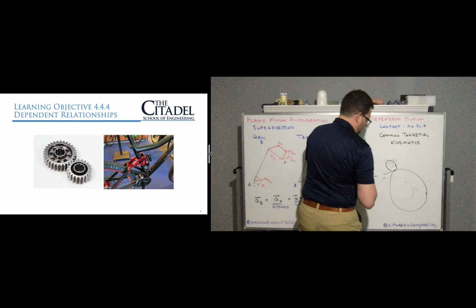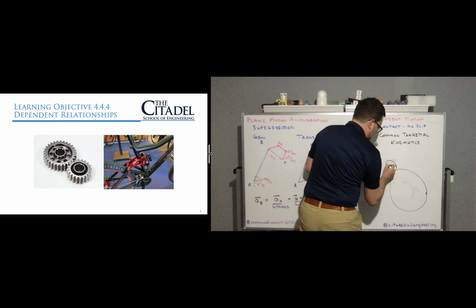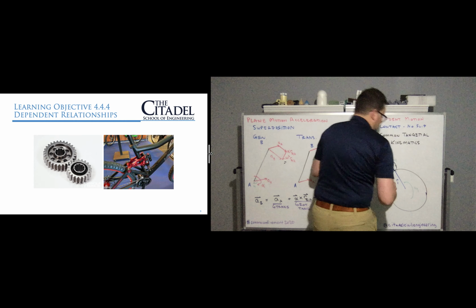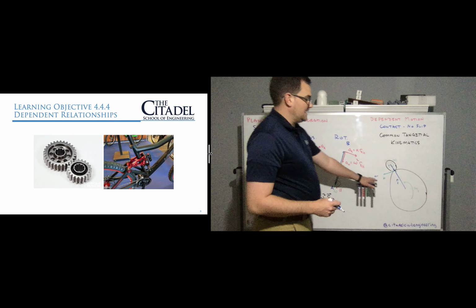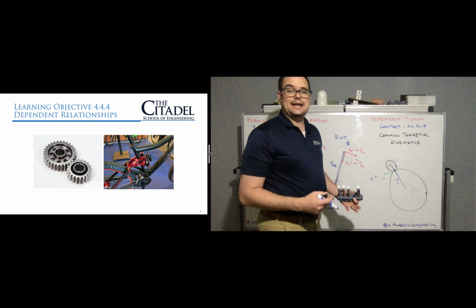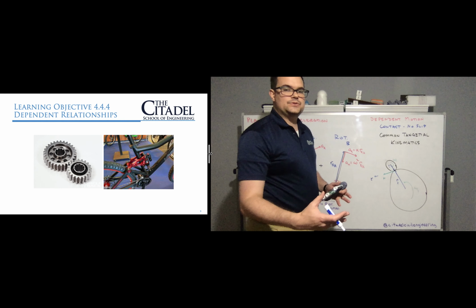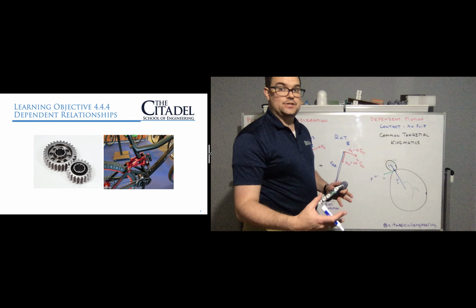And each would have its own radius, R1 and R2. But the common velocity there, omega cross r in each case, will be the same, which is what lets us set up those gear ratios.